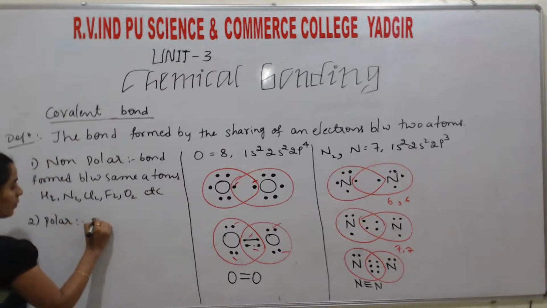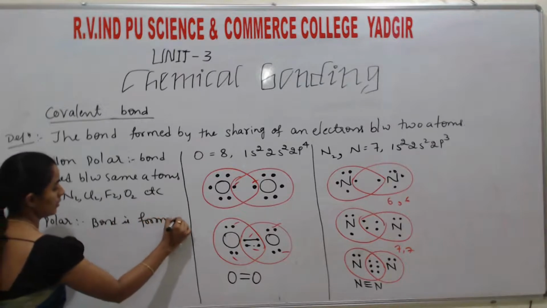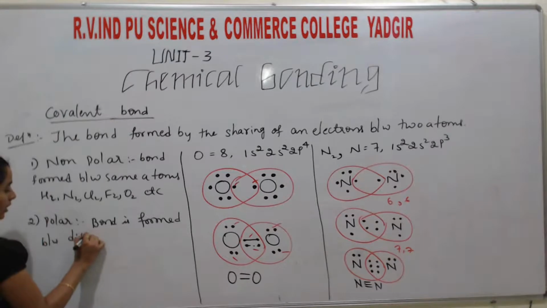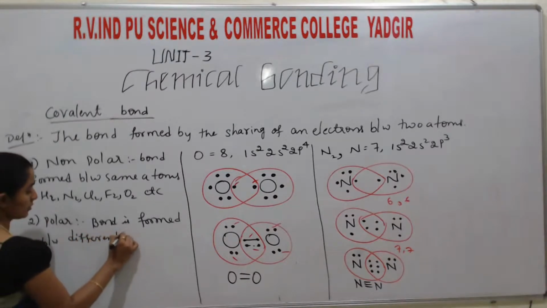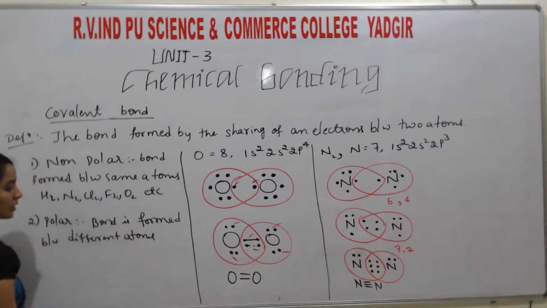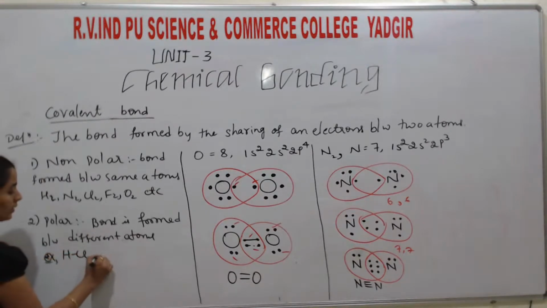If the bond is formed between different atoms, then they are polar. That is HCl. Example, HCl.